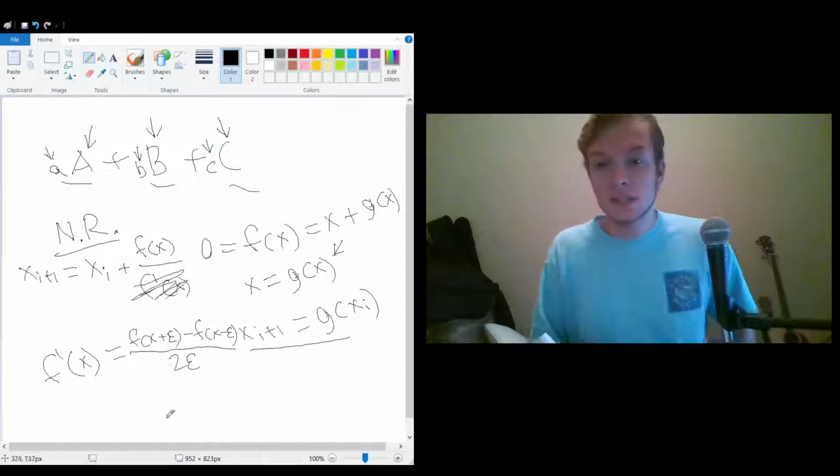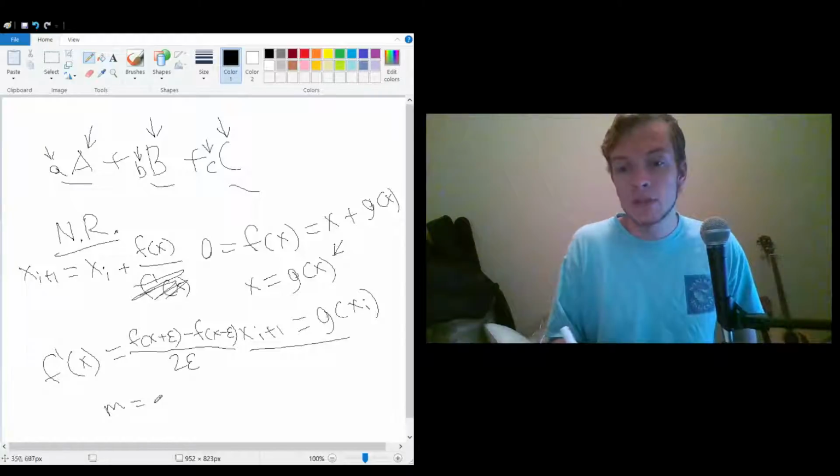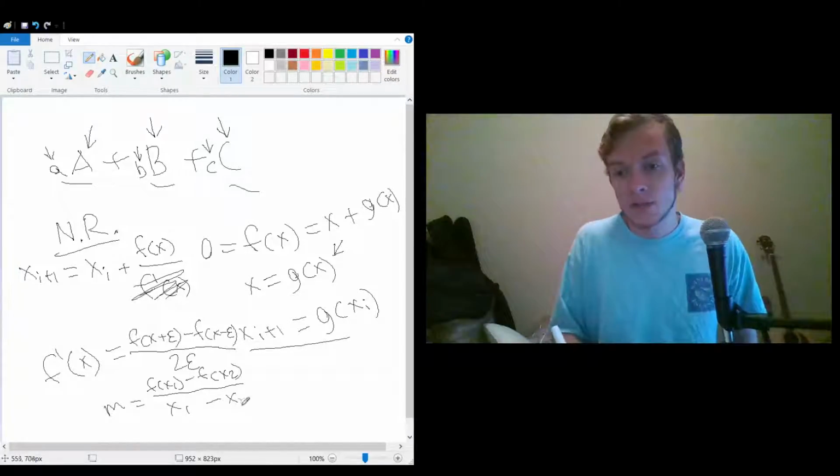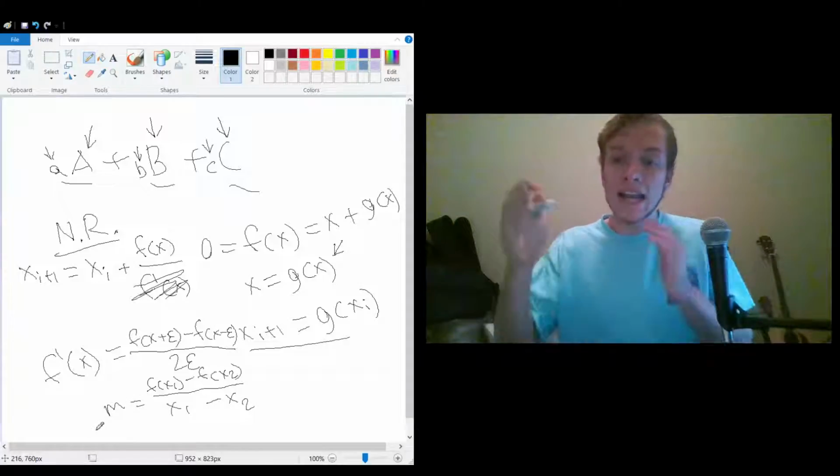And so what this does is this is essentially your slope formula. So if you have m equals f of x1 minus f of x2 over x1 minus x2, then you get the slope. So that's essentially what the derivative is at that instant.